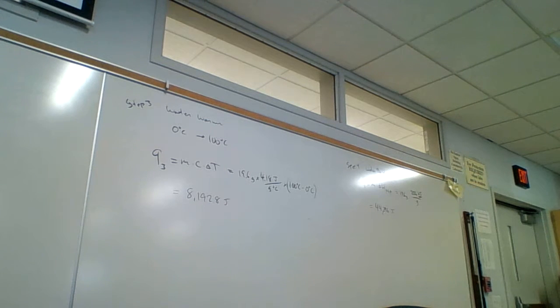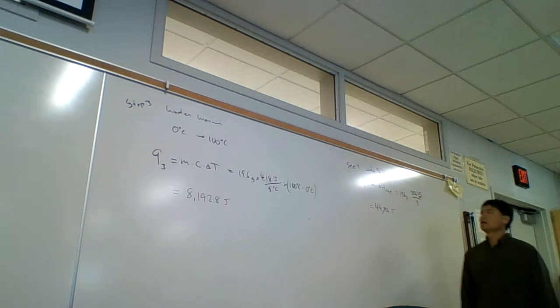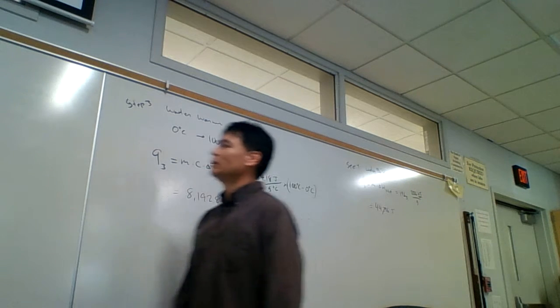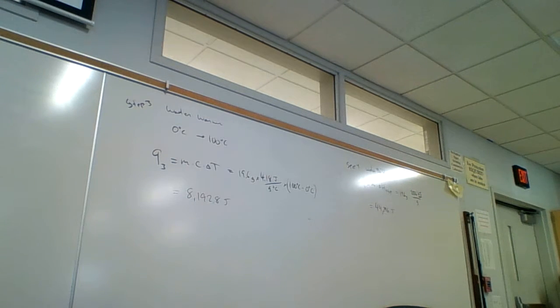So boiling the water took the most energy of all. When we boil that water, it's going to take 44,296 joules worth of energy.